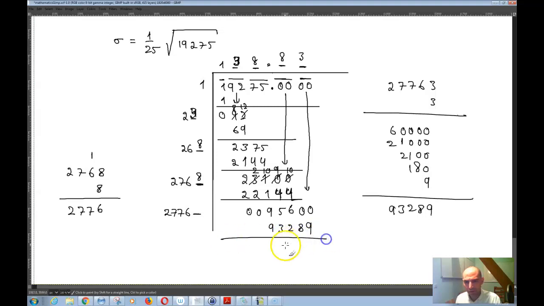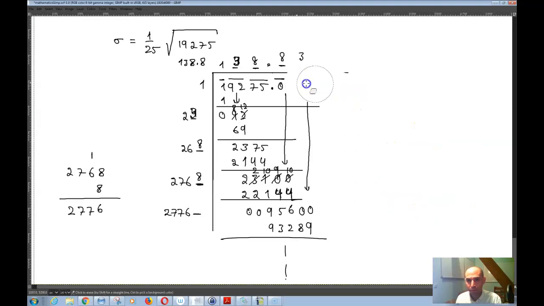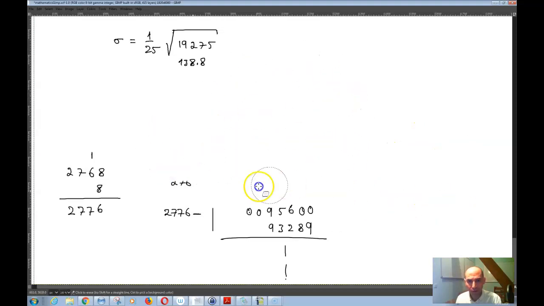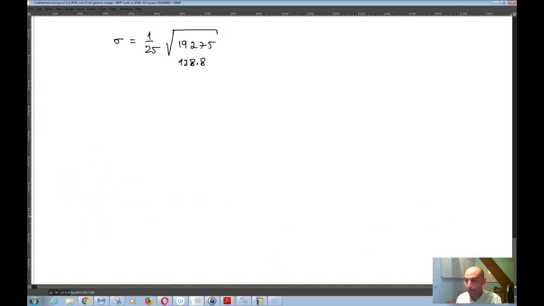And then we will get some remainder here. So I'll take this as 138.8. If you divide that by 25, what you will get is 4 times 25 is equal to 100. 5 times 25 is 125.